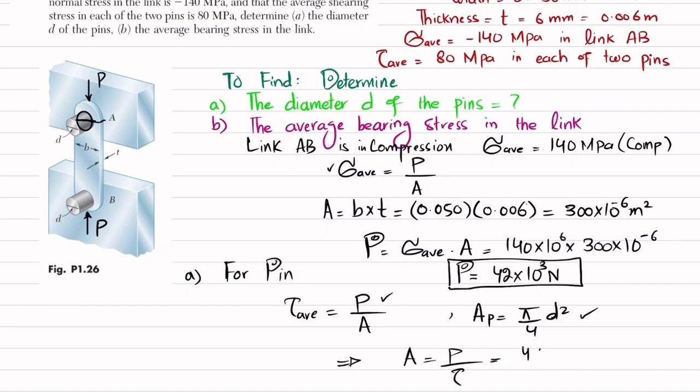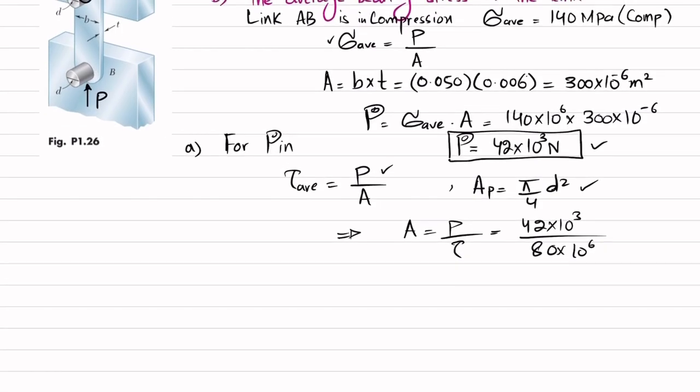P is 42 into 10 raised to power 3, which we have calculated earlier, divided by shearing stress, which is given as 80 megapascal, so 80 into 10 raised to power 6. When you calculate it, you will get the area of pin equal to 525 into 10 raised to power minus 6 square meter.